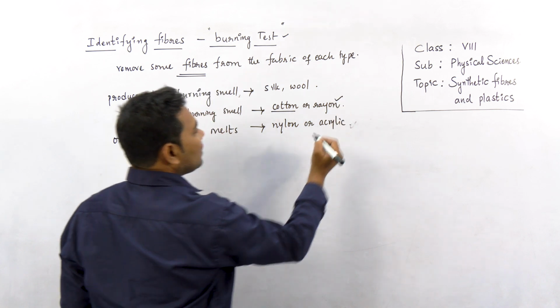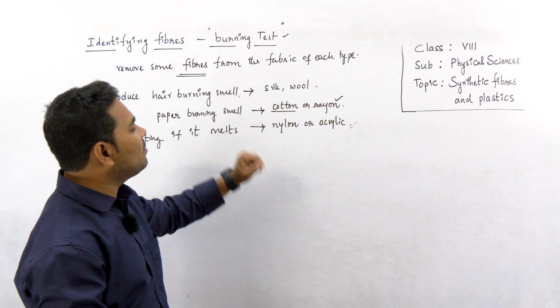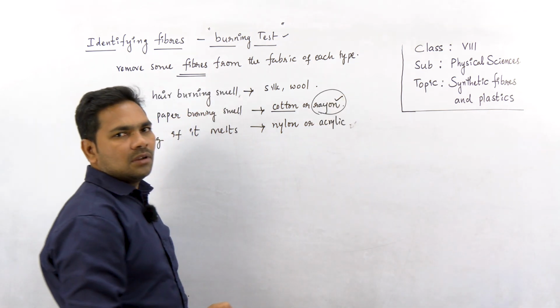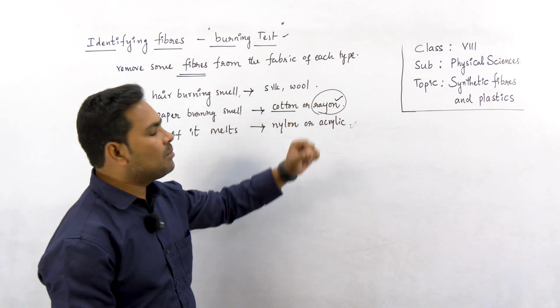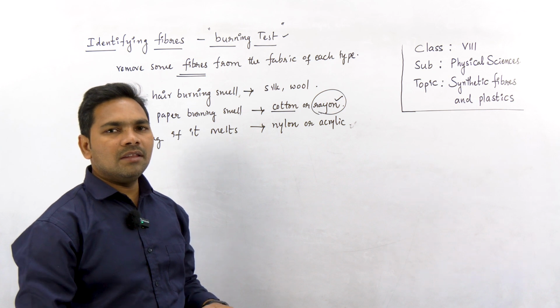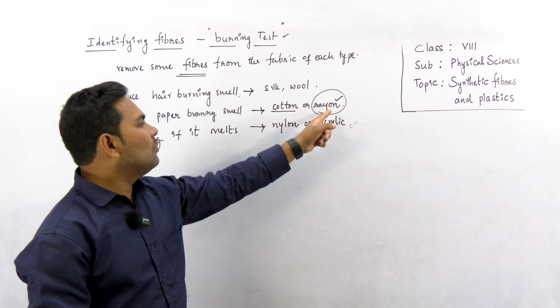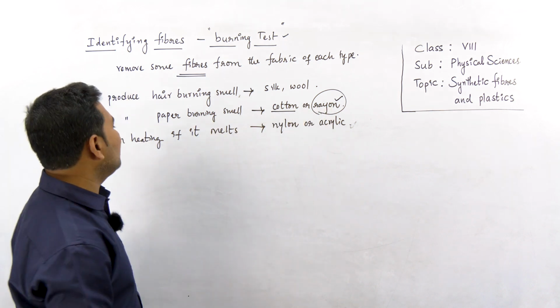Whereas rayon is an artificial fiber, yet it produces a paper burning smell. Why? Though rayon is a synthetic fiber, why does it produce a paper burning smell? We'll understand when we discuss the preparation of rayon. In this lesson, we will be discussing the preparation of rayon, and then you will understand why rayon produces a paper burning smell though it is a synthetic fiber.